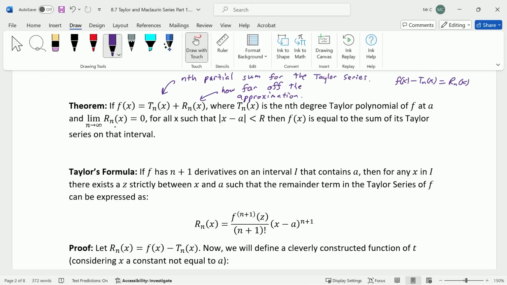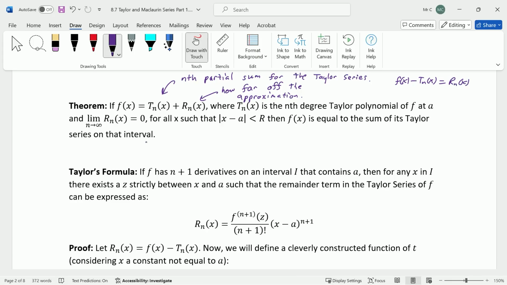Okay, so let me restate this. I kind of started in the middle of a sentence that time, and it doesn't quite sound right. If f of x is the nth partial sum of the Taylor series with the error r sub n of x, and r sub n of x has the limit 0 for all such x, such that the absolute value of x minus a is less than r, then f of x is equal to the sum of its Taylor series on that interval.